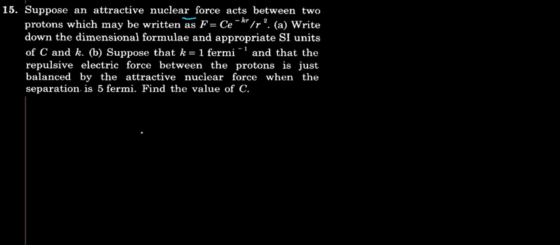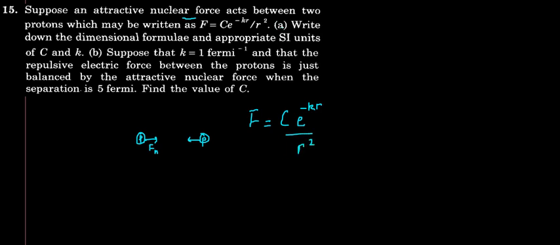So we have two protons inside the nucleus, and there is an attractive nuclear force because otherwise they would repel. The force on each proton is given by C e to the power of minus kr divided by r squared.